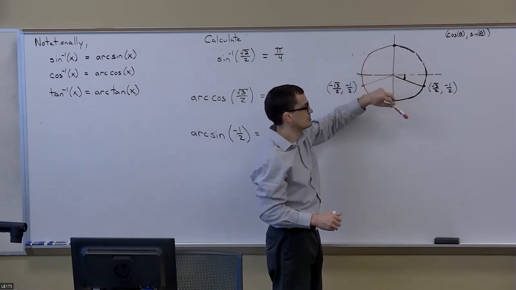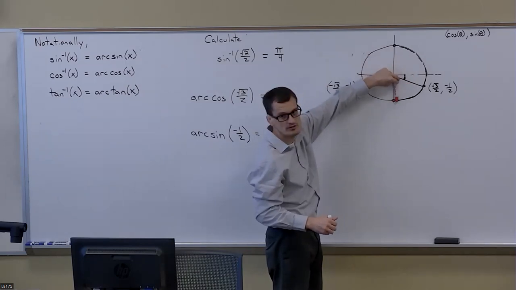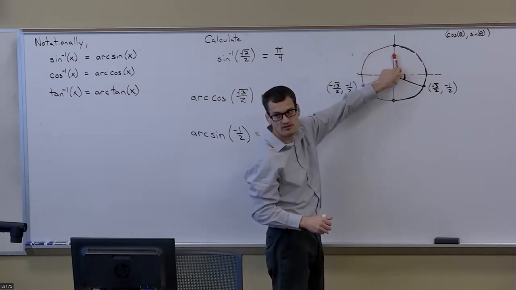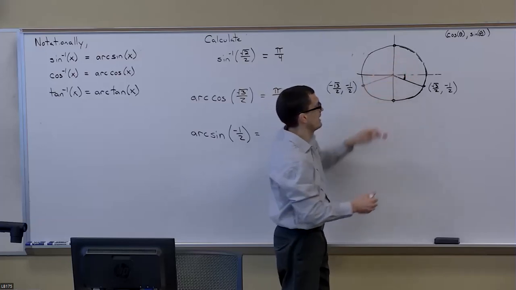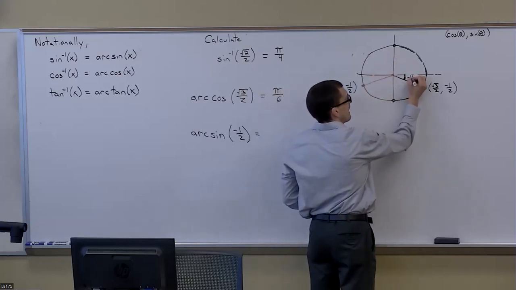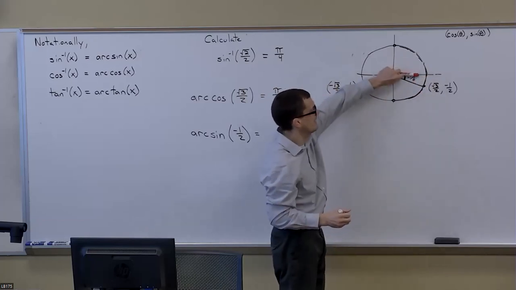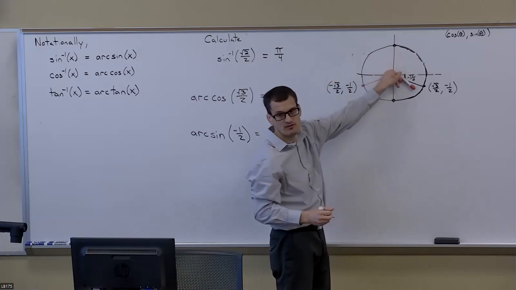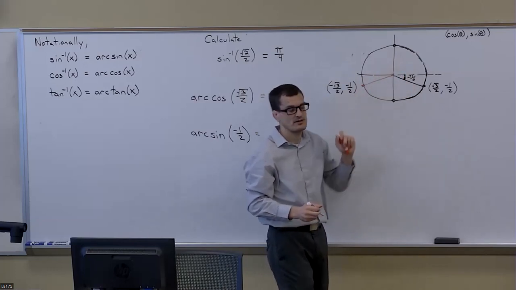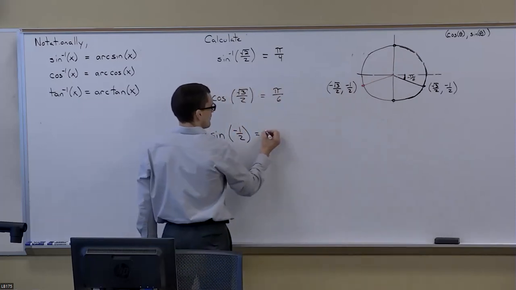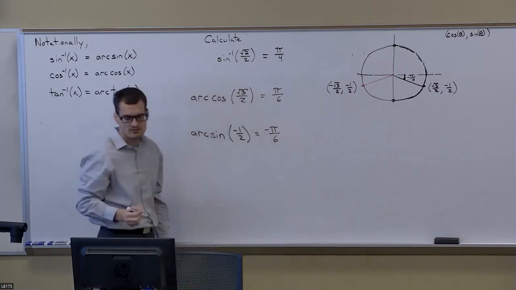Because the range is between -π/2 and +π/2. Okay, so it's going to call that angle -π/6. It's not going to call that angle 11π/6. I get it? So -π/6.